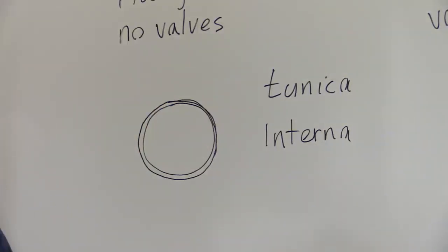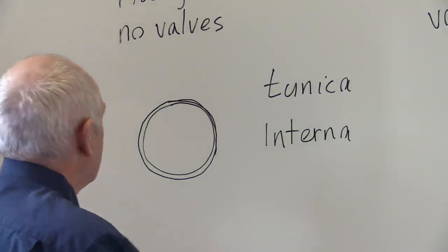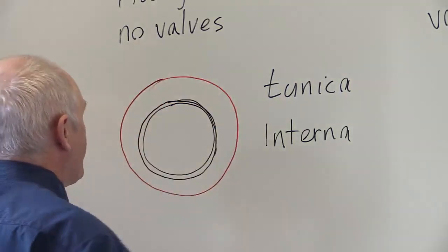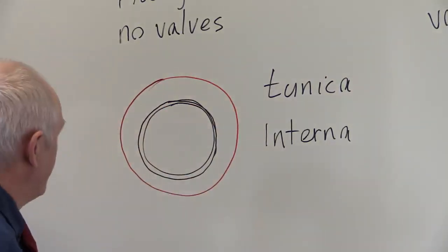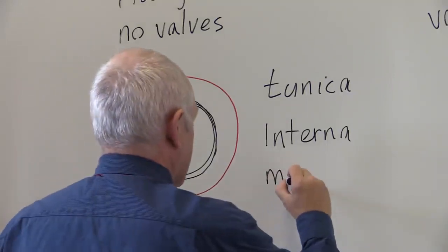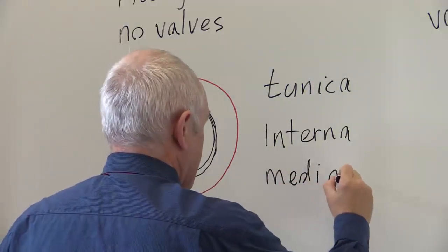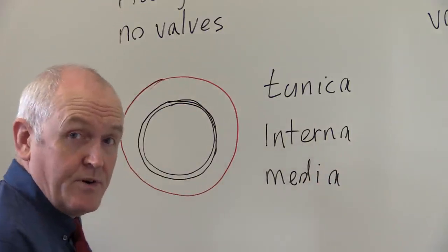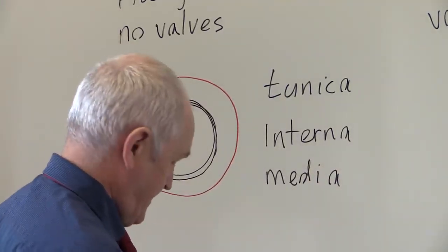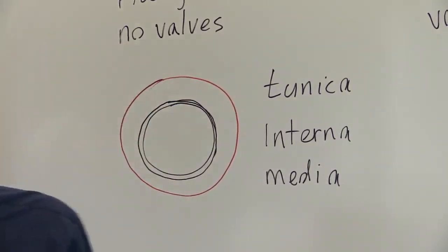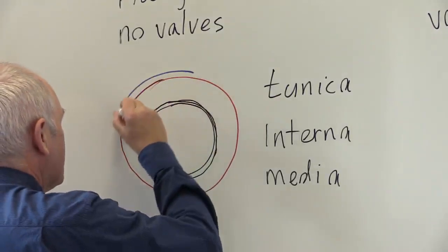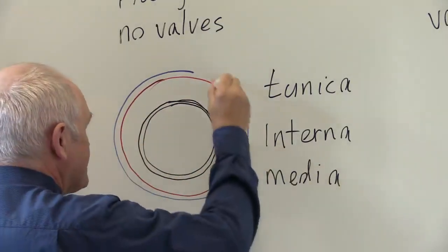And then arteries are going to have a thicker muscular wall. They have a thicker layer in the middle, and this is the tunica media, mostly made up of smooth muscle and some elastic tissues as well. And then round about the outside, there's another layer called the externa.